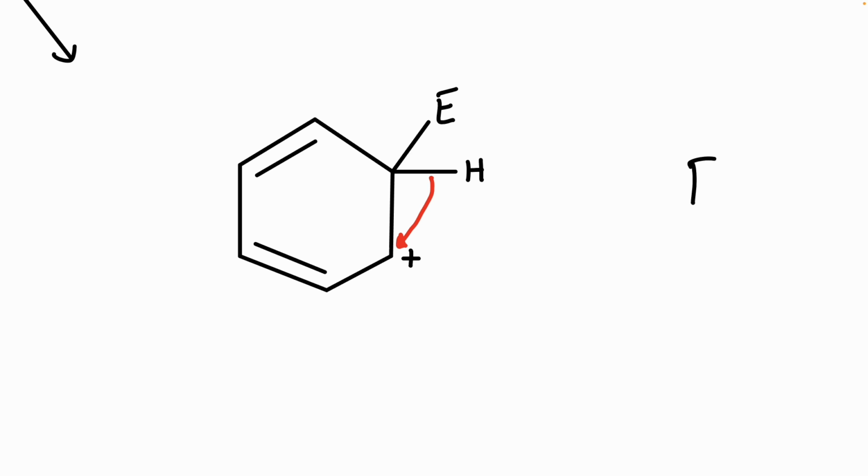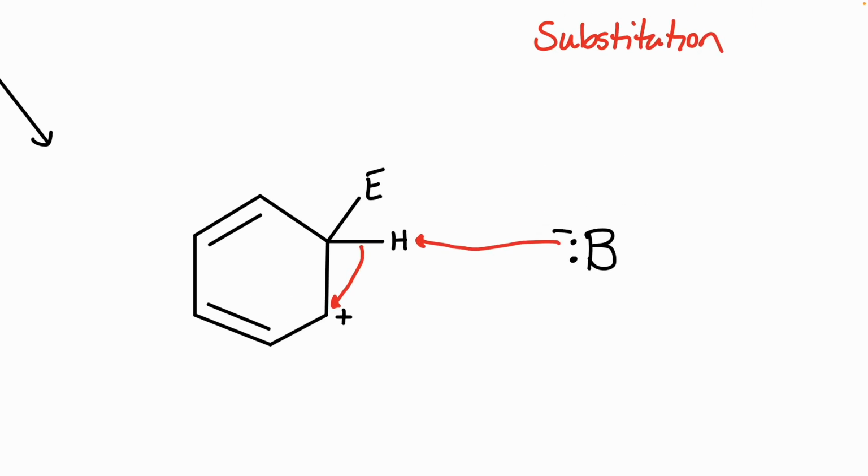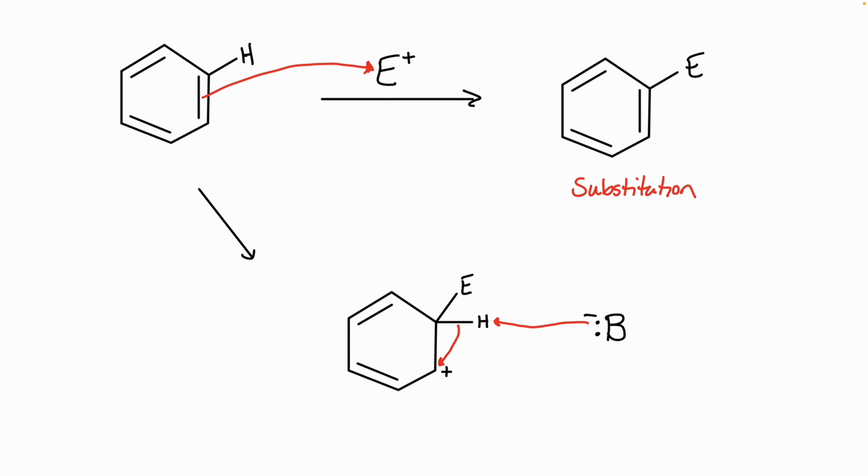We're always going to have some base, and I'm just going to use generic B here for my base to be my proton acceptor. All right, the identity of the base will depend on your reaction conditions, but again, we don't just have hydrogens flying off. They're always accepted by something, what we call a base, right? That's a hydrogen acceptor as a base. All right, and then we've reformed our nice aromatic compound here.